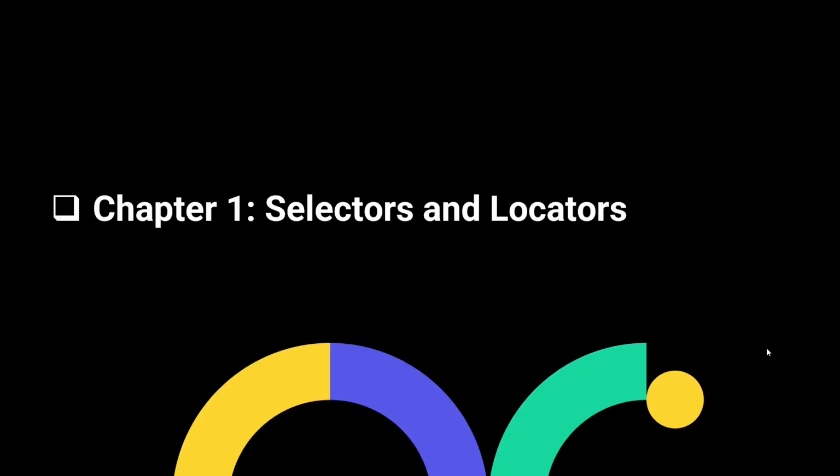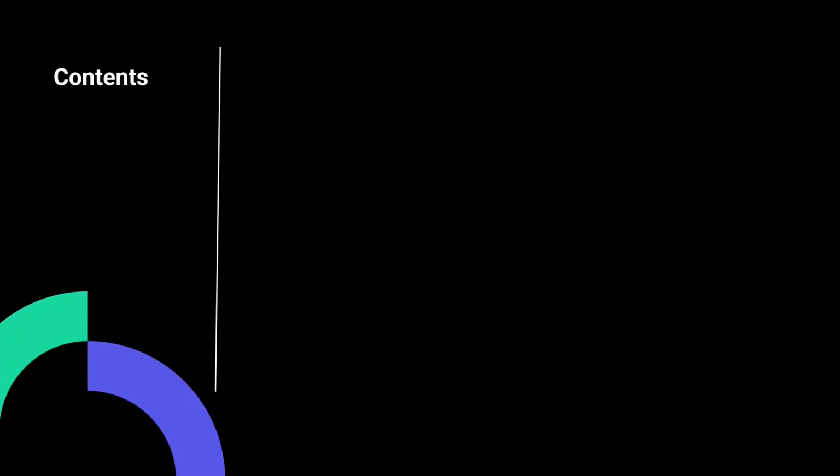This is our chapter 1, where you will learn about selectors and locators. As part of section 1 in chapter 1, I'm going to talk about what are selectors and locators. Before we understand about selectors and locators, let us first understand about web objects and elements.